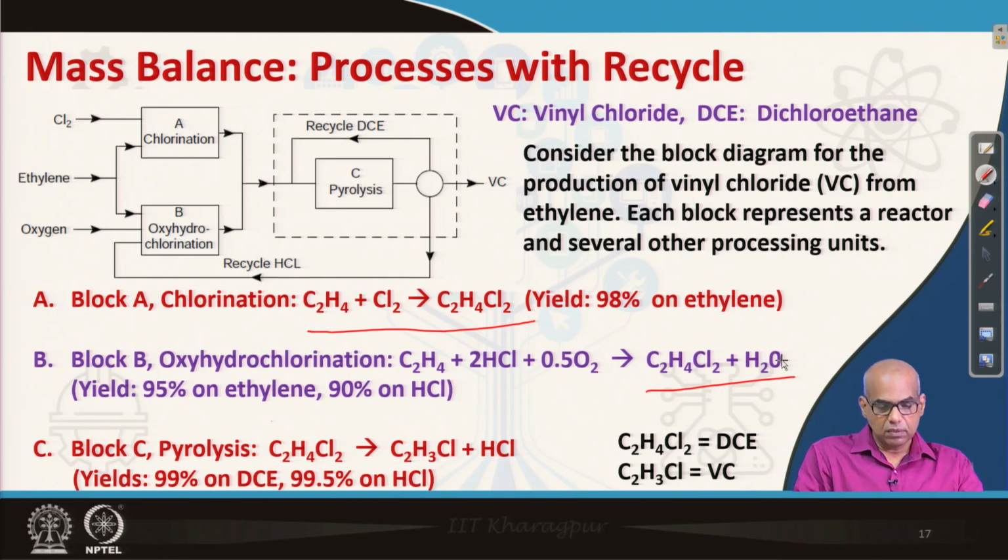In the block C, there is pyrolysis of dichloroethane and vinyl chloride is produced along with HCl.